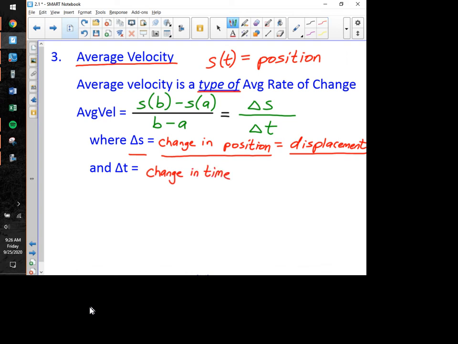And one more thing before we move on, if you go back once again and think about units, I think this is going to sound familiar. For average velocity, we're taking a position function in the numerator. So think about what units an object's position might be measured in. Well, position is kind of a small variation on distance, so we could be talking about something like feet.